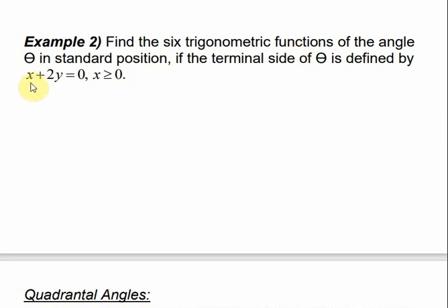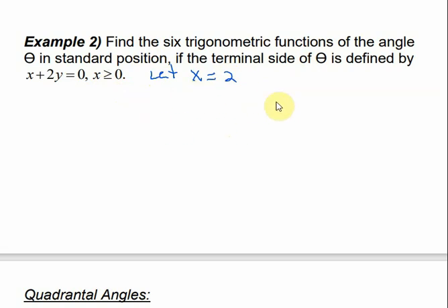So we have that x plus 2y is equal to 0, and we get to choose what our x value is, as long as x is greater than or equal to 0. So we can choose any number greater than or equal to 0 to be our x value. So I'm just going to choose 2 for our x value. So I'm going to say let x equal 2.